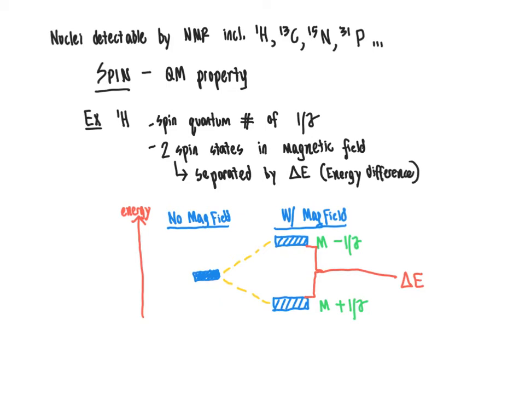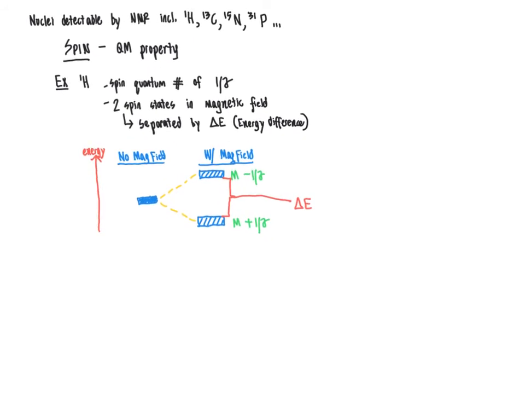And so, in order to determine the complete chemical structure of the compound, it is necessary that we make that delta E value, the energy difference between the two spin states, as large as possible. And in order to make that as large as possible, what we can do is look at what is going to influence the delta E value.